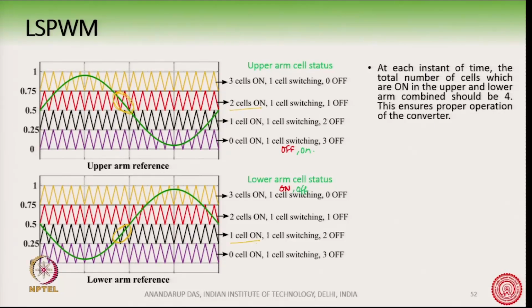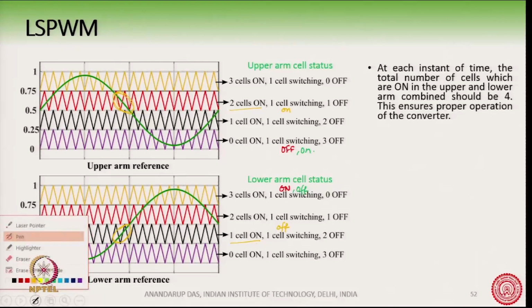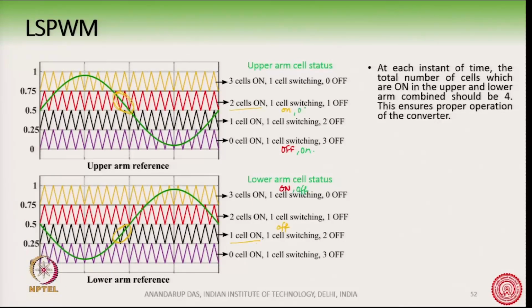So, the total sum of cells on is 3 and of course, 3 are off, and 1 cell is doing the switching, but when this turns on it will be off, and when this is off then this will be on.